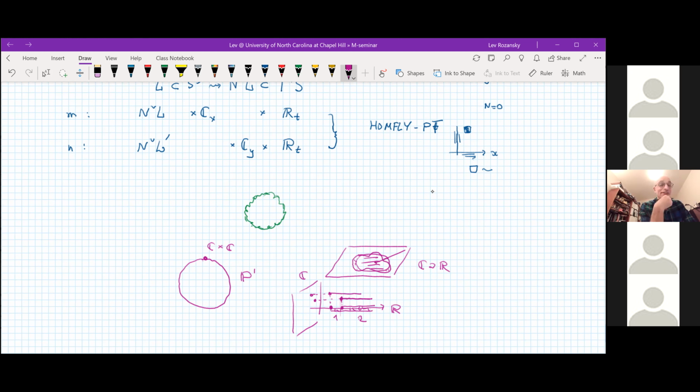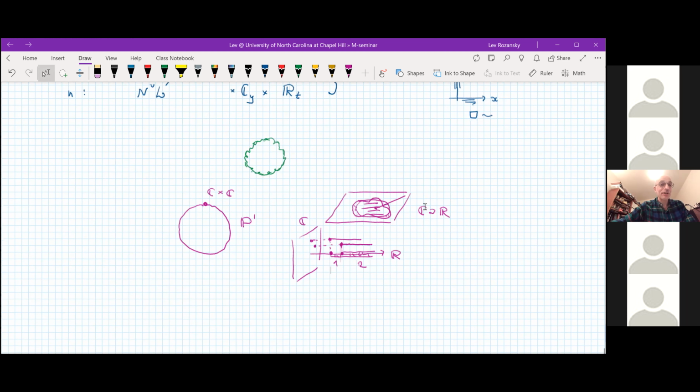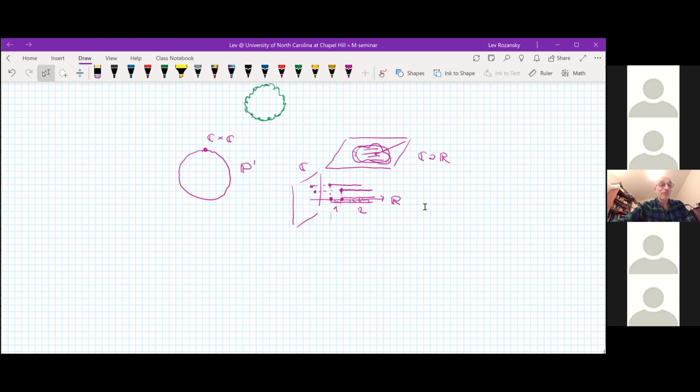So then your BPS count becomes... Not yet. We have to do something else. The problem is that BPS counting in M theory is very complicated. So physicists tell us that we have to go to strings. In order to go to strings, we have to select a U1 subgroup, which acts on M11, hopefully having orbits of limited radius.